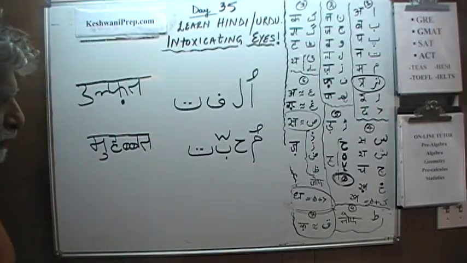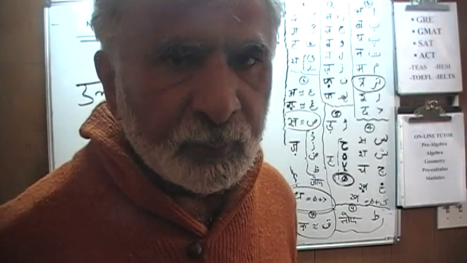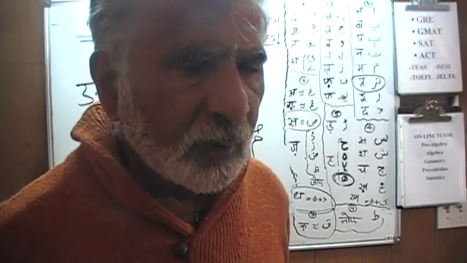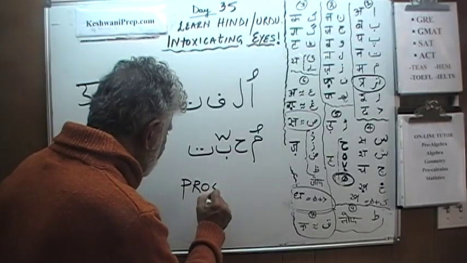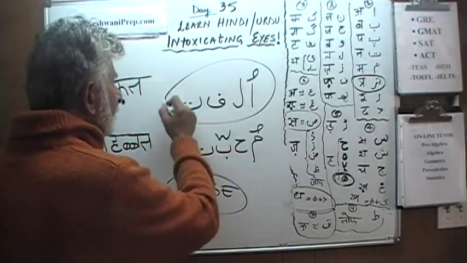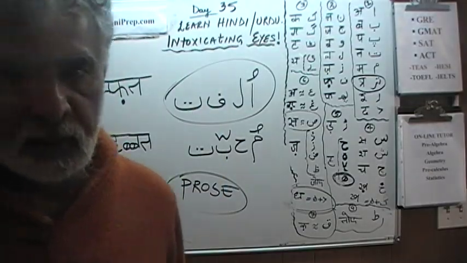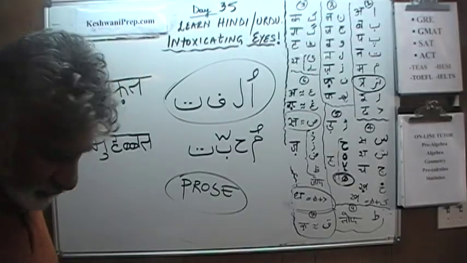Mohabbat. Mohabbat is ulfat. Mohabbat is a very simple, very common word. We use this word in prose. But in poetry, most of the time, instead of mohabbat, you will hear ulfat. They both mean the same thing. They are synonyms.